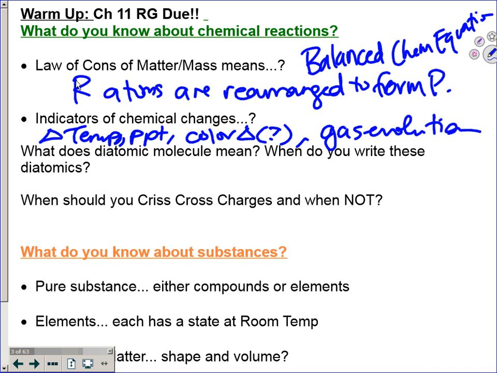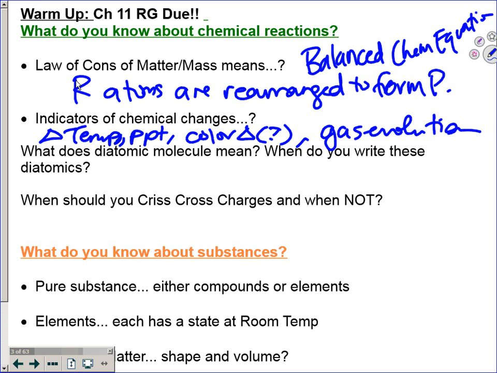And then in general, we have to write some molecules, or excuse me, some elements from the periodic table as molecules, meaning their diatomic form. Nidhi, tell me which are the diatomic molecules on the periodic table. The 7. What do you mean by the 7? Everybody look at the periodic table. Where does the 7 start? Nitrogen.